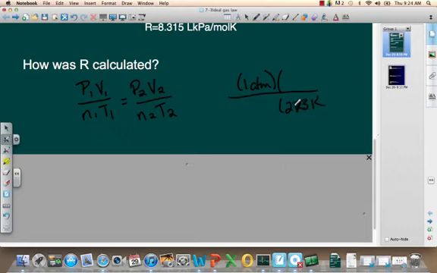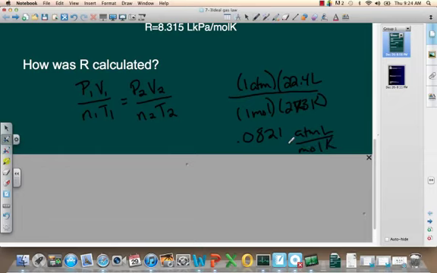All right, and we know that at STP, 1 mole of a gas is equal to 22.4 liters. Well, when you do the arithmetic for this, you get 0.0821 and then followed by all those funky units, atmospheres, liters, moles, Kelvin.